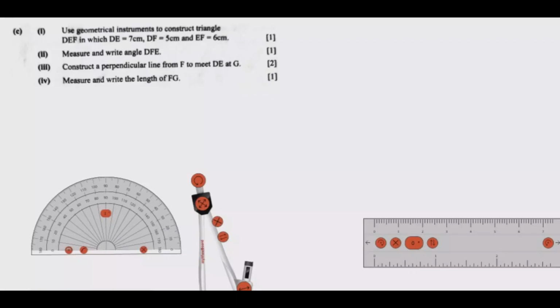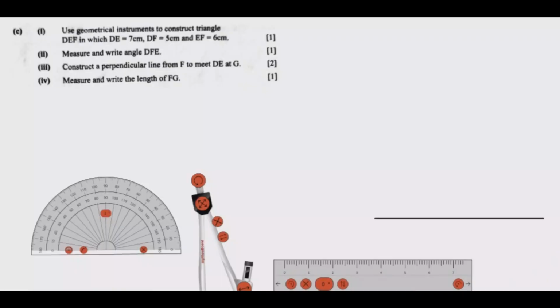Okay, so we're going to draw a line that is 7 cm. Now here I've started on a point. You make sure you start on a point and end on a point. Once I've drawn this line, I'm going to name it as DE.